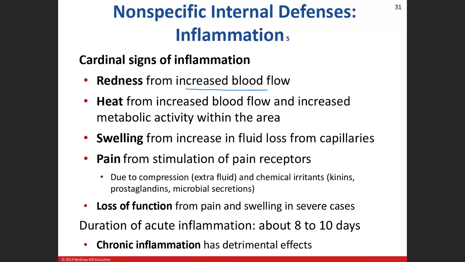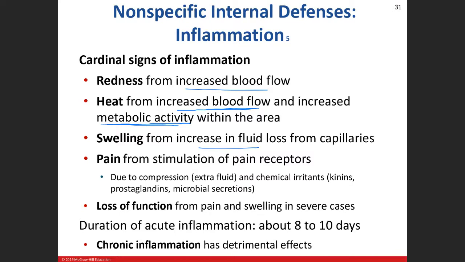The heat is not only from the blood flow increase, because remember, blood is 1 degree warmer than our normal body temperature, but also because of all the cells working in that area. It gets hot because the metabolism of all those tissues and cells has increased. So that gives us the heat.